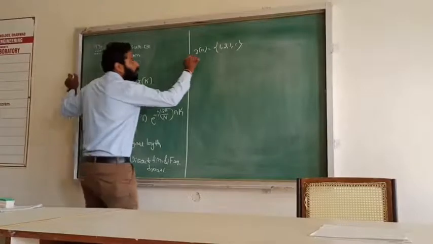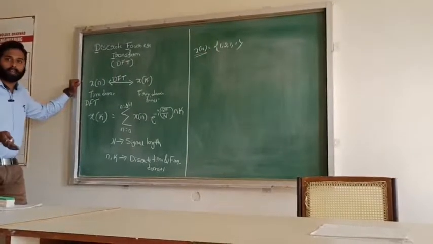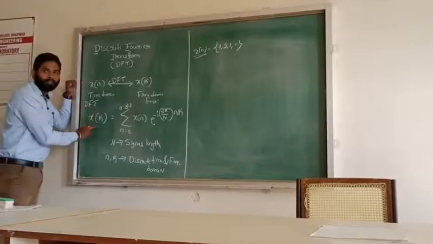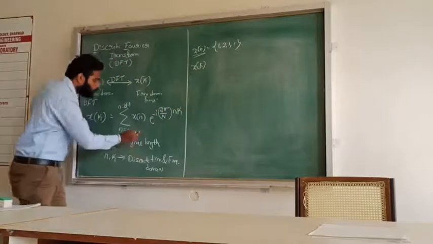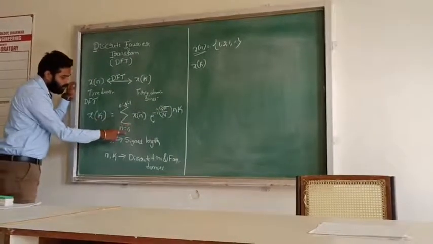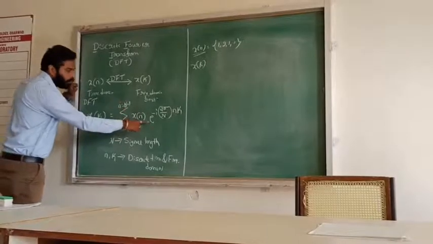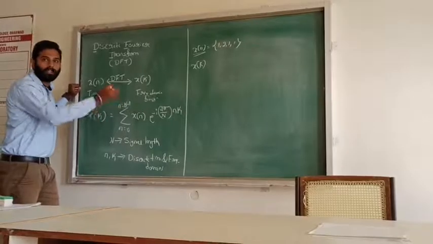The given function is in the time domain, and transform means we need to find the frequency domain function. That means we need to find x of k using this formula, x of k is equal to summation n is equal to 0 to N minus 1 x of n e raised to minus I 2 pi by capital N into small n into k.